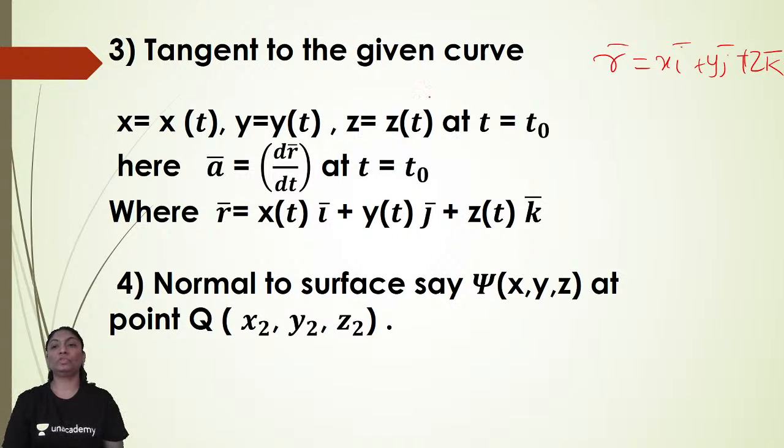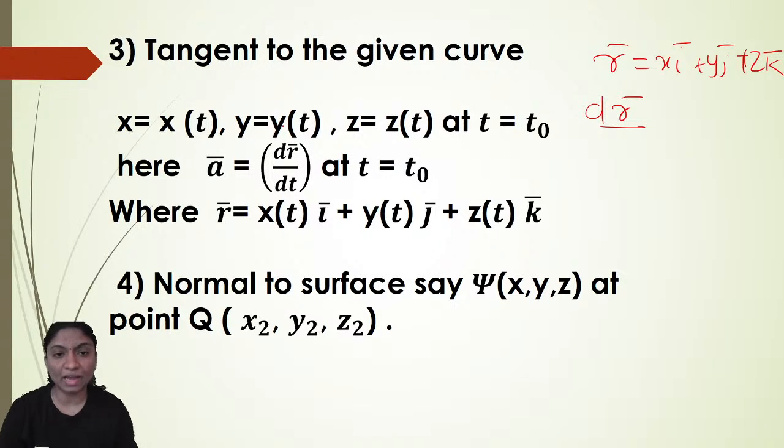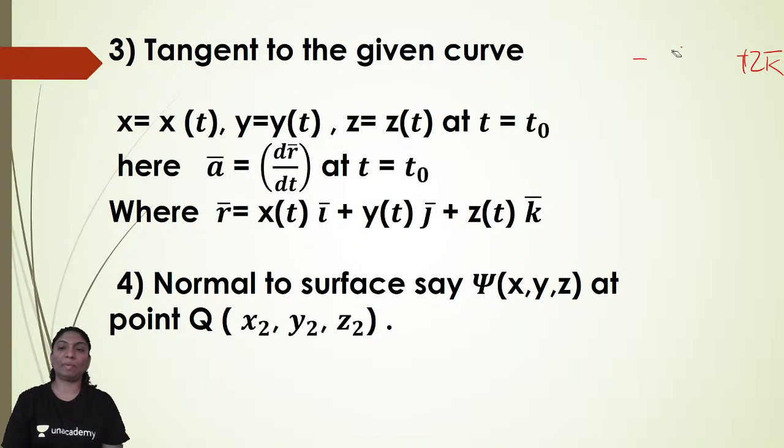Then your position vector is r bar, your velocity vector is dr bar by dt, and here a bar is equal to dr bar by dt at t is equal to t0. Okay. So dr bar by dt at t is equal to t0 is your tangent vector. Now r bar is equal to x of t i bar plus y of t j bar plus z of t k bar.